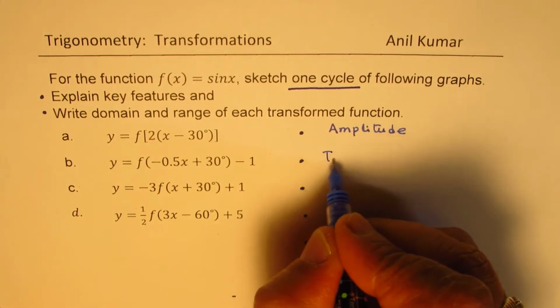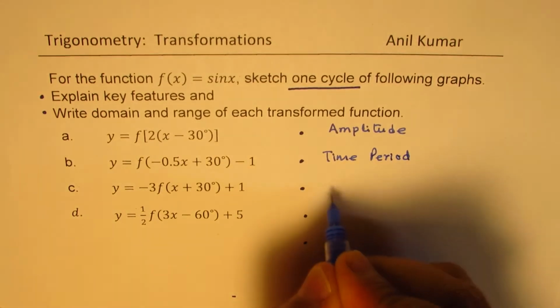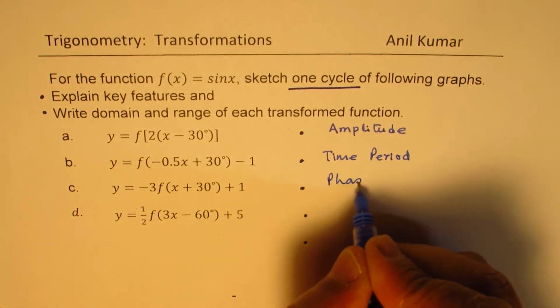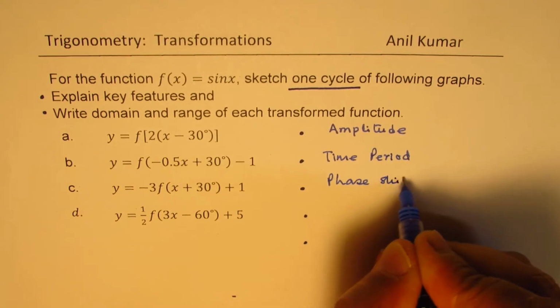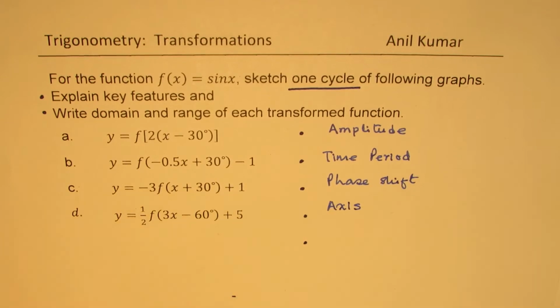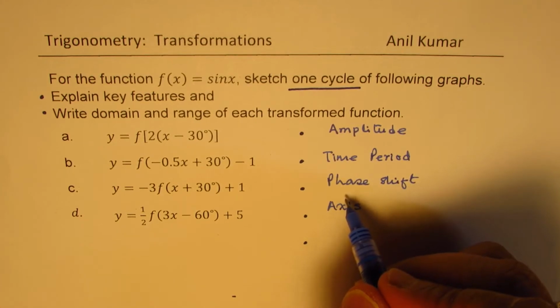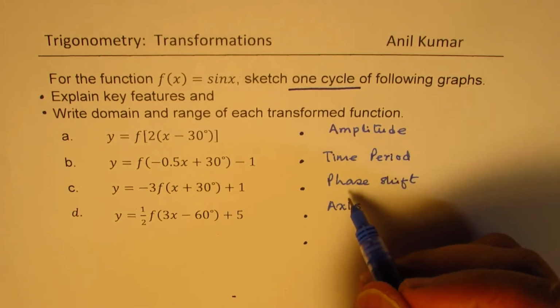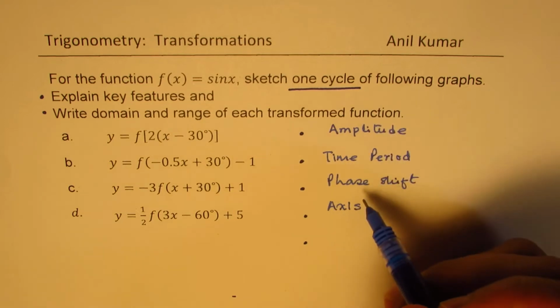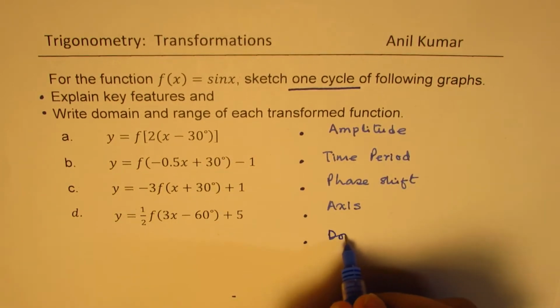We can have time period, phase shift, axis. So these basically are the key features of a sinusoidal function. The other key features could be domain and range, right? So we'll write domain and range here.